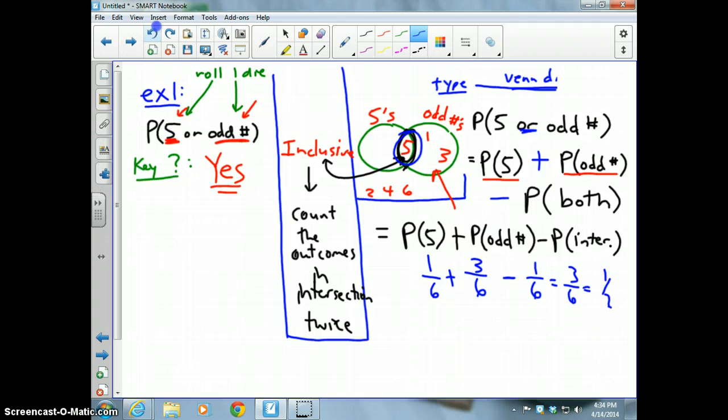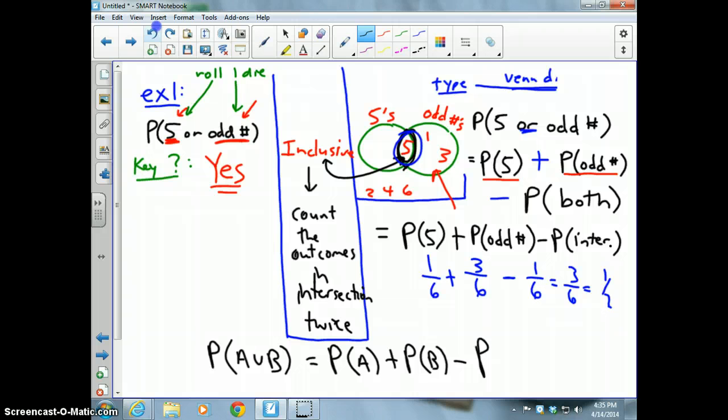Okay, so let's talk union again. For inclusive events, the probability of A union B is equal to the probability of A plus the probability of B minus off the probability of A intersect B. The upside down U means the intersection.